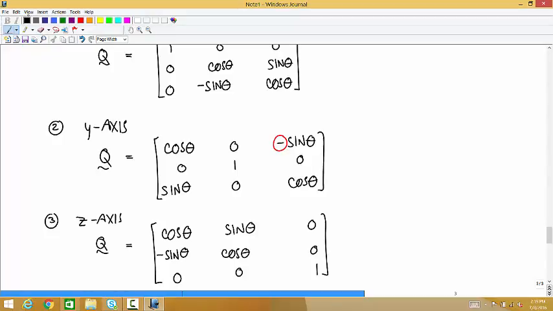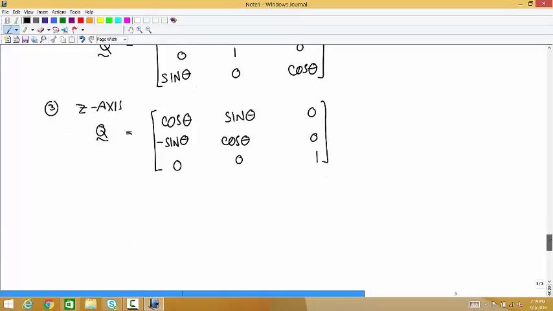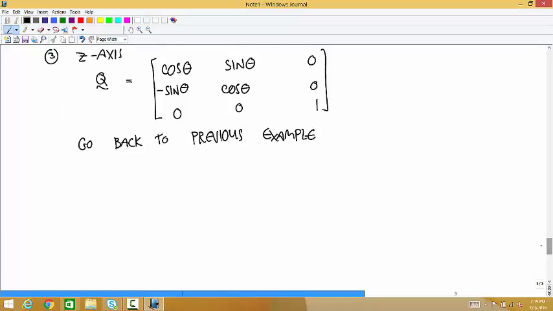Okay, so let's do that same example we just did, thinking about it this way. We know that in this coordinate system, this has a length of 10, and this angle is 30 degrees, and the vector is equal to 8.66, 5.0, 0.